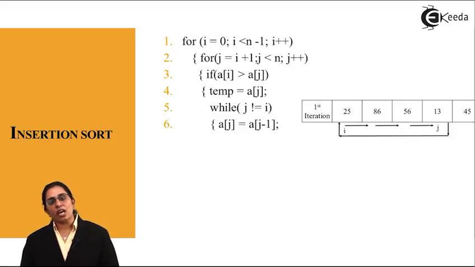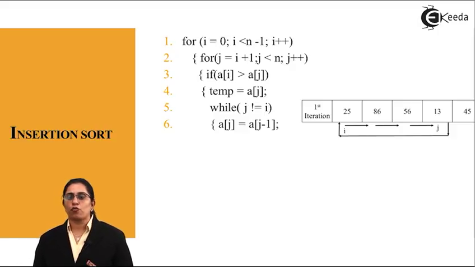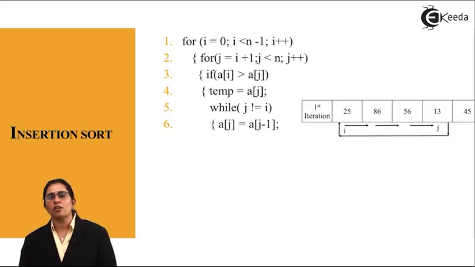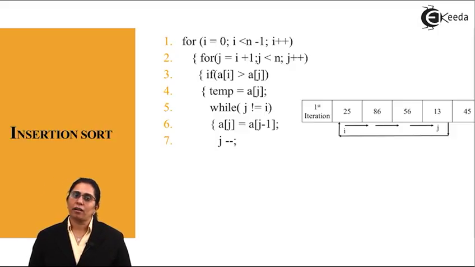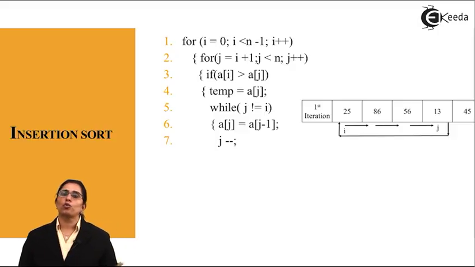So a of j gets the value at a of j minus 1. So 56 now moves to the location where 13 was stored, and then I say j minus minus. So the value of j is now decremented and j becomes 2.